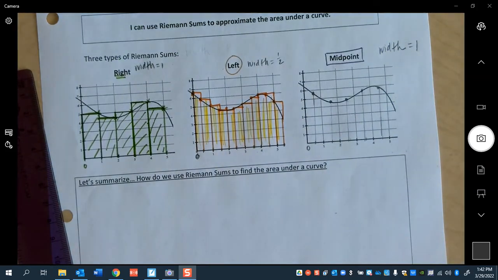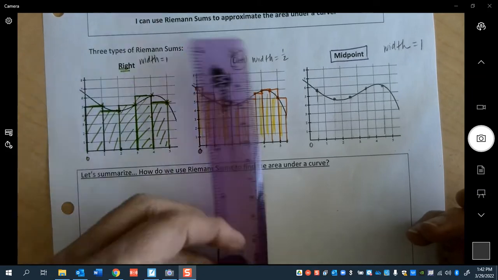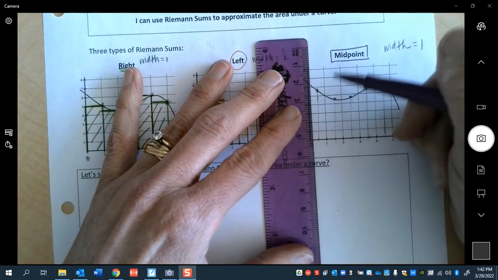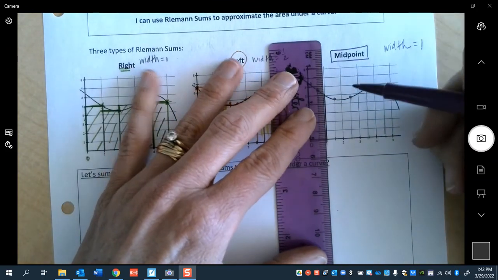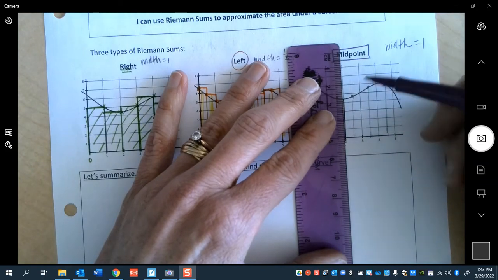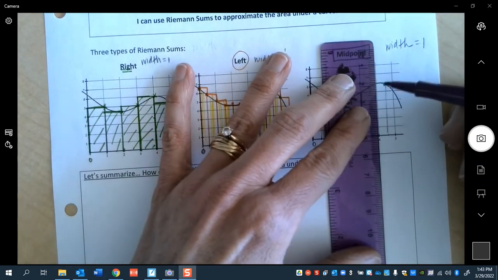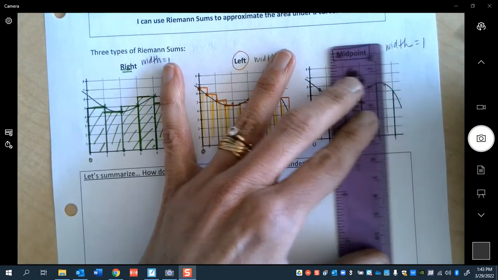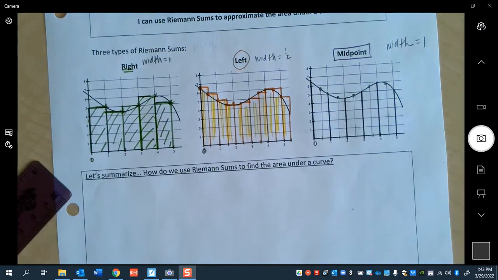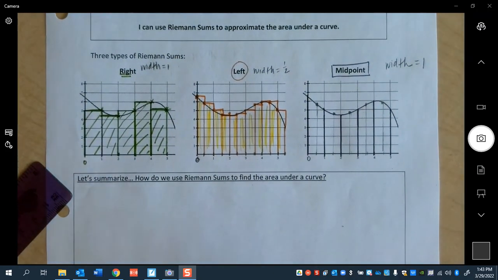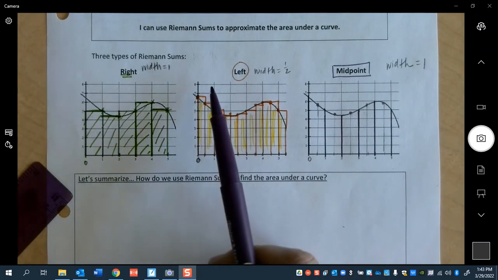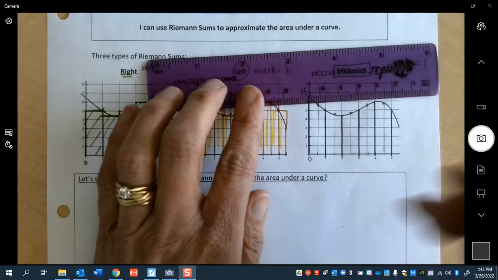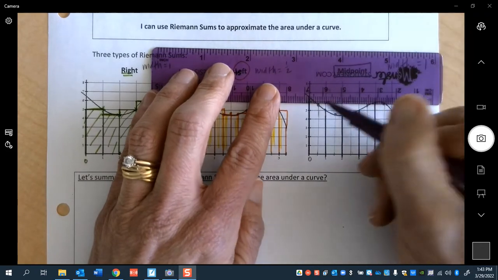So your midpoint sums, even though I said I want a width of 1, go ahead and, if you have another color, mark your intervals on those one space differences. And instead of your boxes touching on the right, or on the left, your boxes for each interval are going to cut through that midpoint.